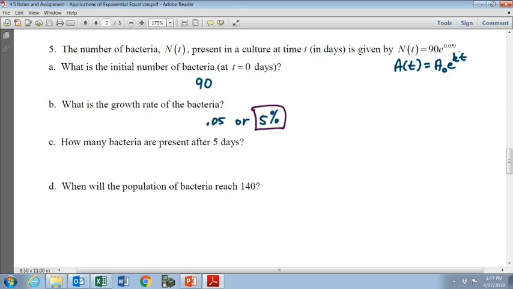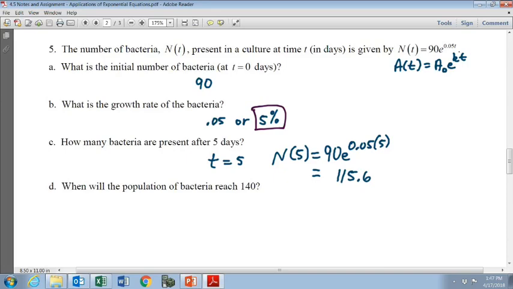How many bacteria are present after 5 days? Well, 5 is the number of days, that's our t. So we're really just finding N of 5. We'll plug 5 into the formula. You ought to be able to put this into your calculator, and you should get 115.6. Now, if we were talking about people, we wouldn't round to the nearest decimal, we would round to the nearest person.